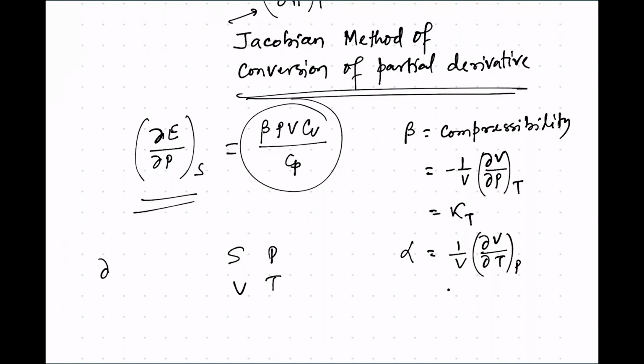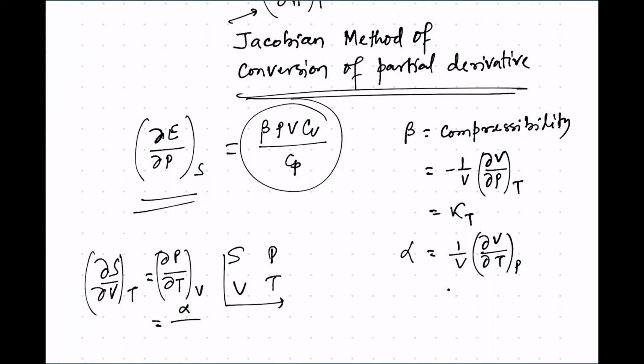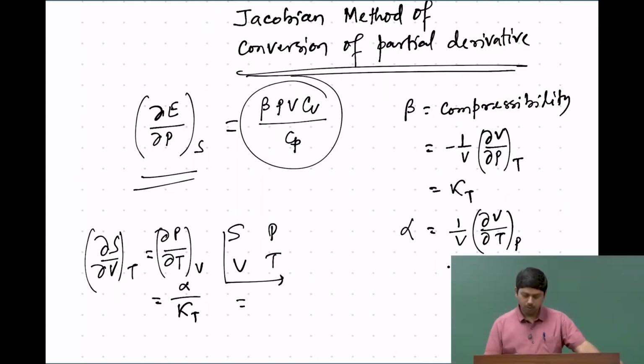So, we know that del S by del V at a constant temperature is nothing but del P by del T at a constant volume, and that is coming as alpha by beta, which is alpha by kappa T. From this Maxwell relation, we can calculate that del S by del V at a constant temperature is del P by del T at a constant volume, and that is coming out to be alpha by kappa T.